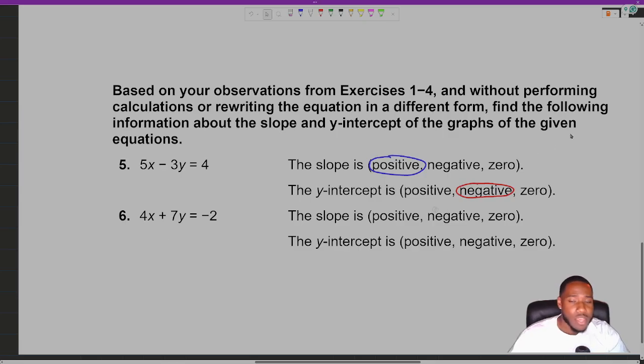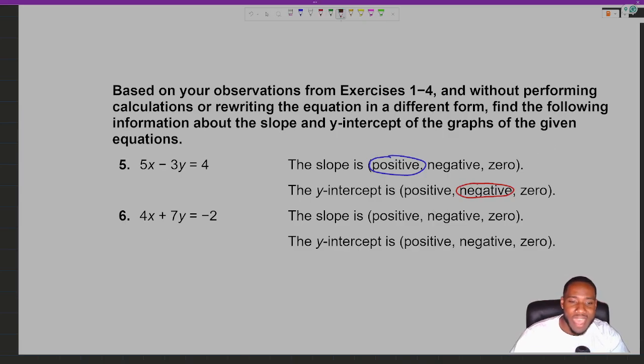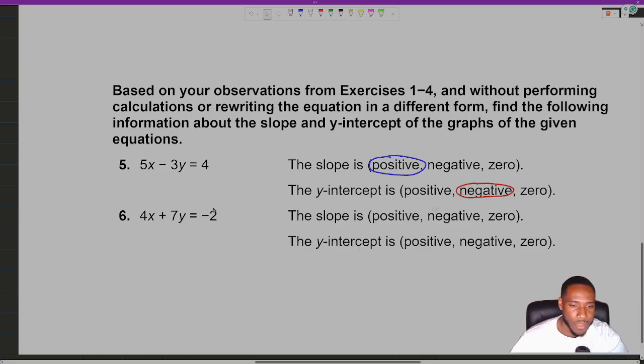All right. So if we're looking at what we've got here, we've got a positive 4x, a positive 7y, and a negative 2 for our c term. We'd be subtracting 4x from both sides, and so that 4x would become negative. And then we'd be dividing it by positive 7.